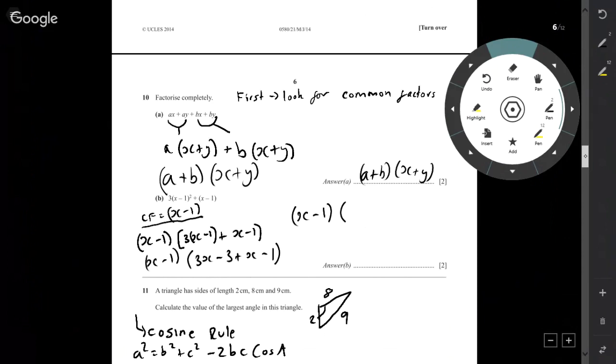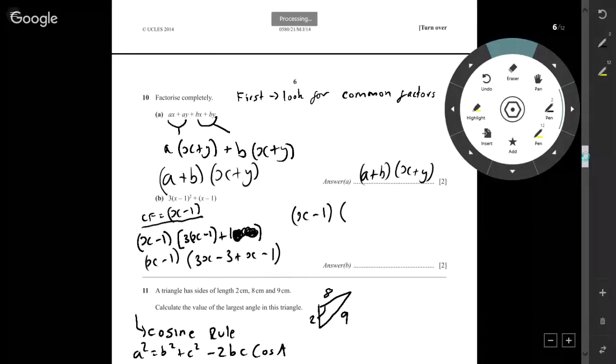Hold on a second, I think I got this wrong. Oh, sorry, yeah. So we shouldn't have this. I should have just put a 1 there. That's my fault. So let's just delete this, because we're timesing everything by x minus 1, times by 1 will be x minus 1.